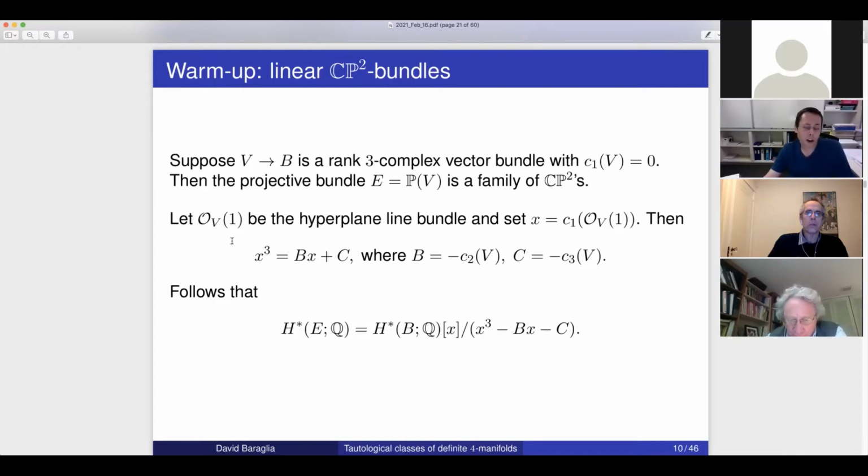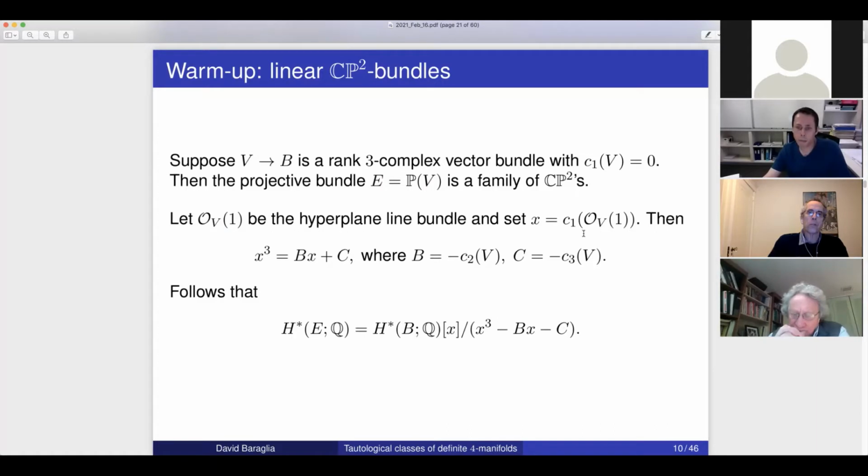All right. So how do you compute the tautological classes? First, you want to work out the cohomology ring of E, and then you want to work out what P1 and E are for the vertical tangent bundle. This projective bundle has a tautological line bundle over it, O(1), which is the hyperplane line bundle, and let X be the first Chern class of that line bundle.